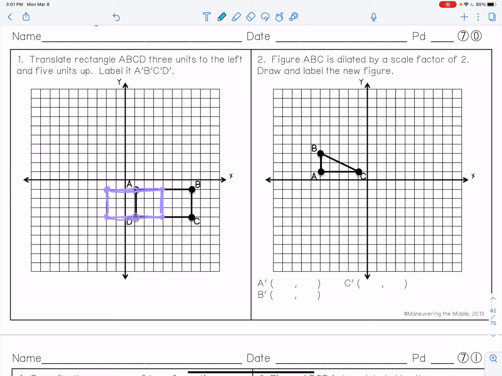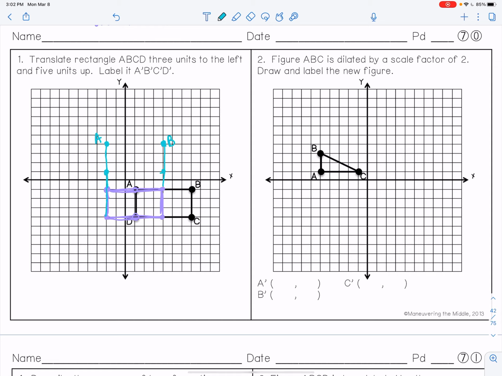Okay, and now our final transformation is going to be the blue. All right, so we're then going to translate it 5 units up. So we're just going to move it all the way 5 units up. So 1, 2, 3, 4, 5 is our new A. And then same thing for our B. Same thing for our D and our C. 1, 2, 3, 4, 5.